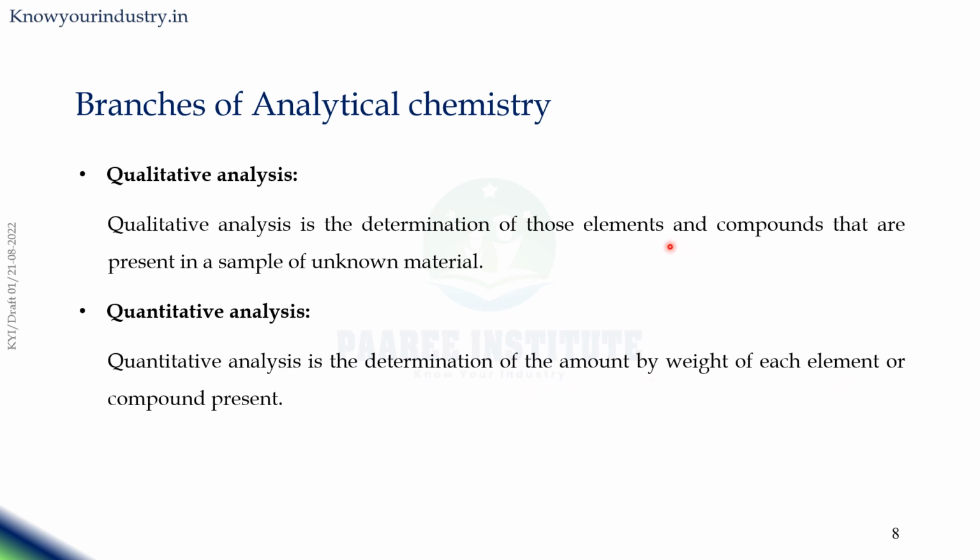In qualitative analysis, from the unknown tablet you say it contains paracetamol, and in quantitative analysis you say it contains 500 mg of paracetamol. That is the difference between qualitative and quantitative analysis. Qualitative analysis is also applied to structural determination, where you are determining the structure and so on.